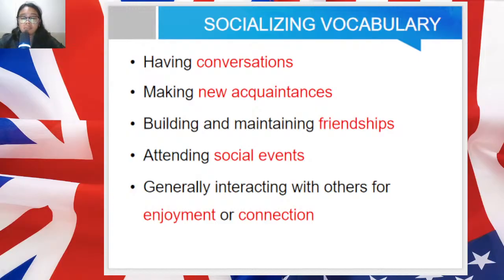It is having conversations, making new acquaintances, building and maintaining friendships, attending social events, and generally interacting with others for enjoyment or connection. This is the foundation of why socializing vocabulary is the key to conversational fluency. Fluency is not just about speaking quickly and without hesitation. It is about speaking appropriately and effectively in a given situation.